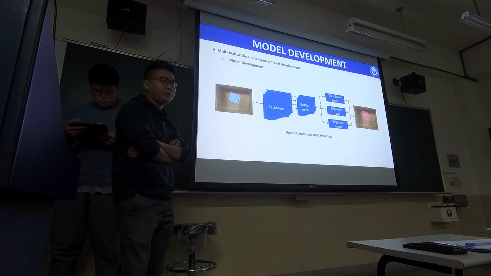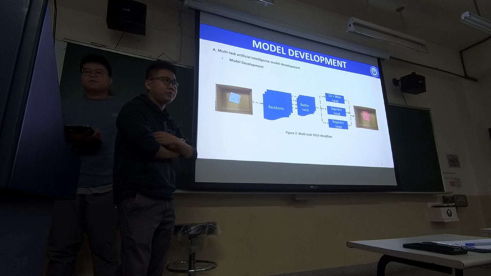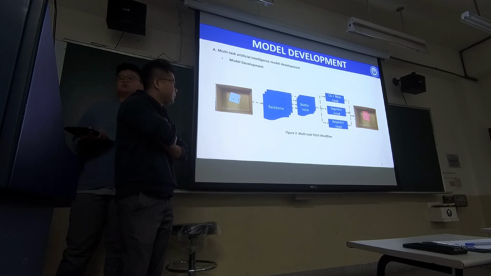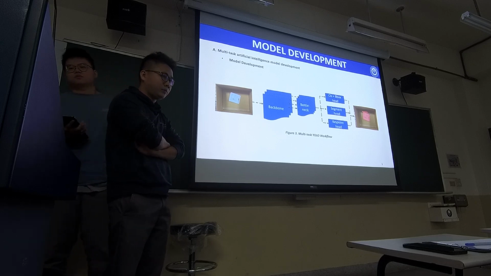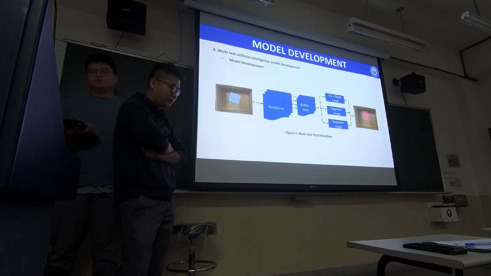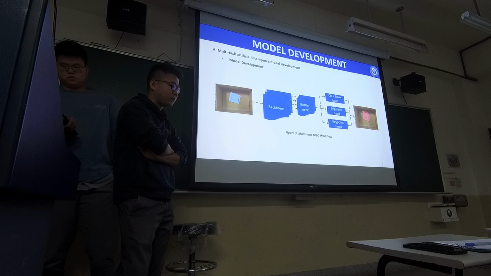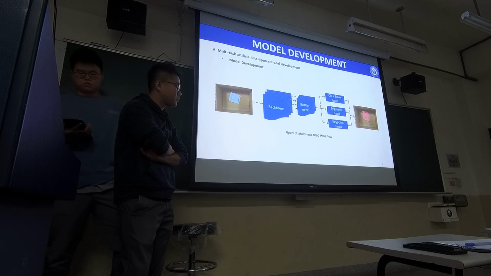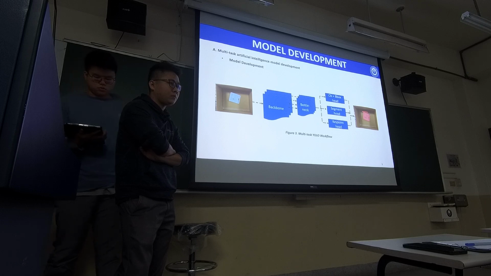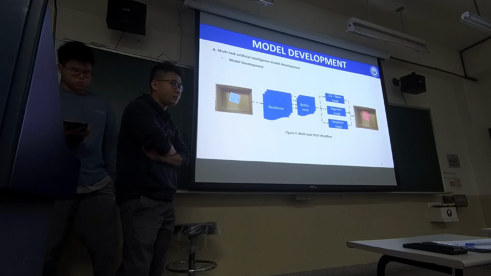And here is how we develop our multitask artificial intelligence model. First, we have the backbone, which is a feature extractor to collect the features from the image. The bottleneck is to reduce the dimension of the image, but also maintain the quality of the image.